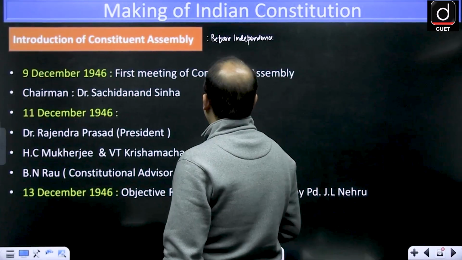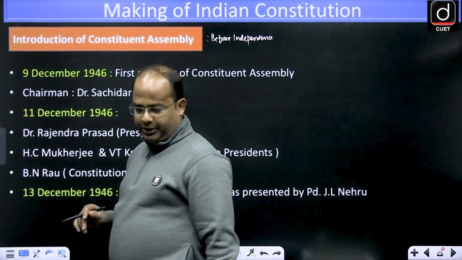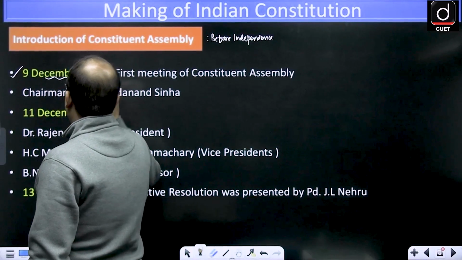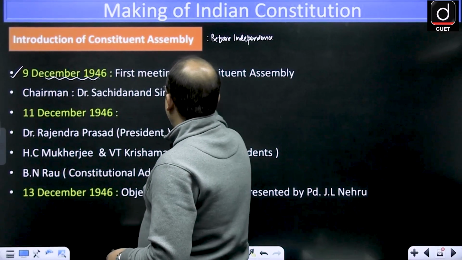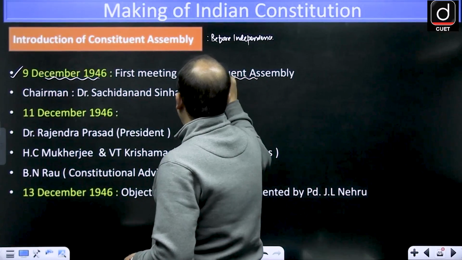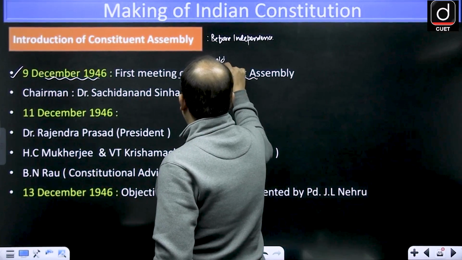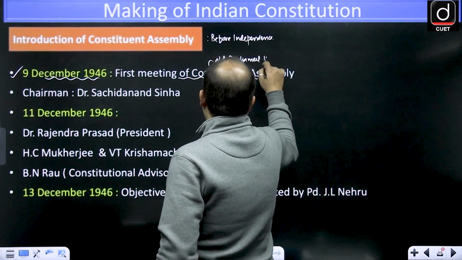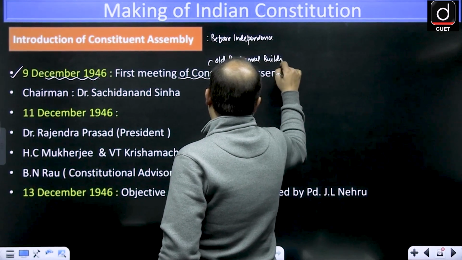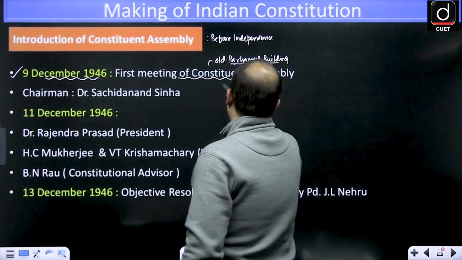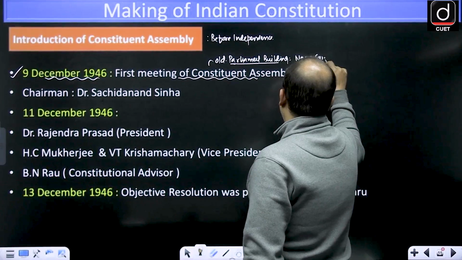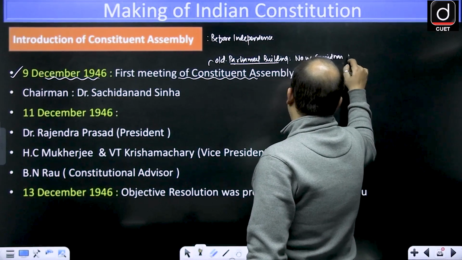The first meeting of this Constituent Assembly was held on 9 December 1946, in the Old Parliament building. Now it is called Samvidhan Sadan.